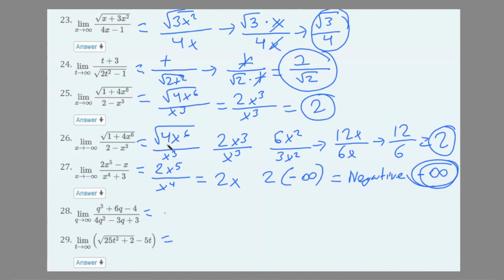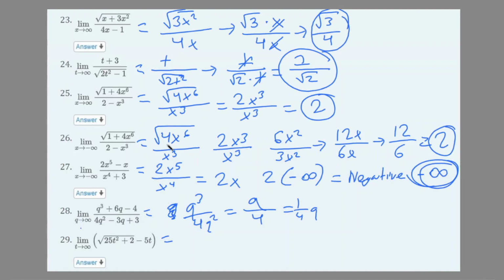Number 28. We also have a numerator that's bigger here: q cubed over 4q squared. If we simplify this, we get q over 4, which is also 1 over 4 times q.